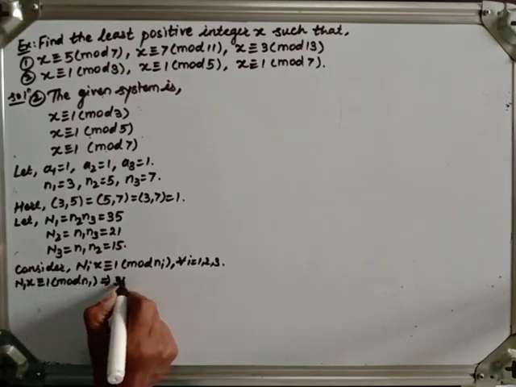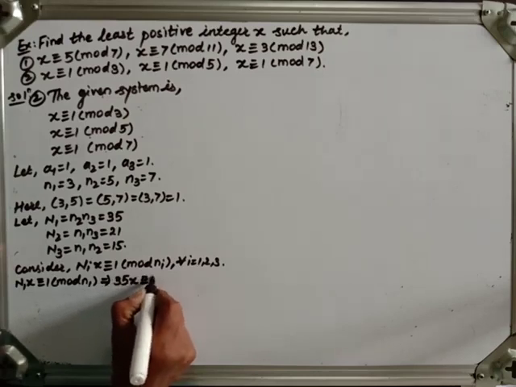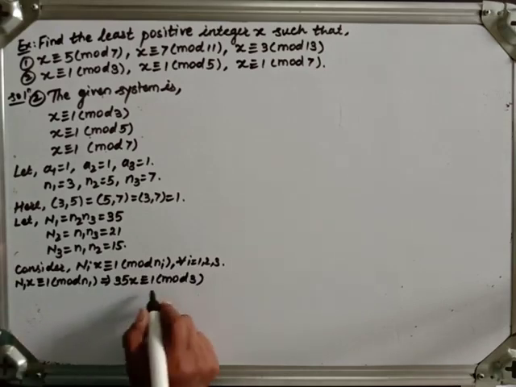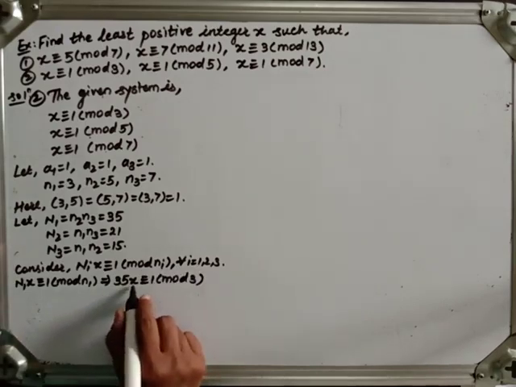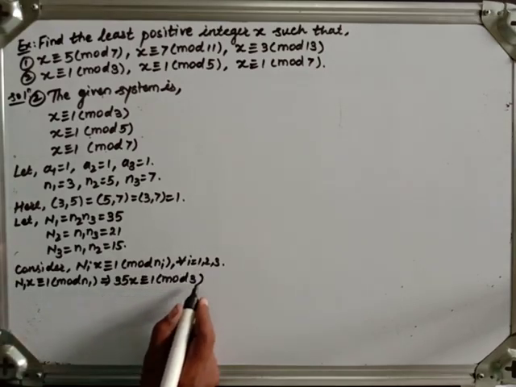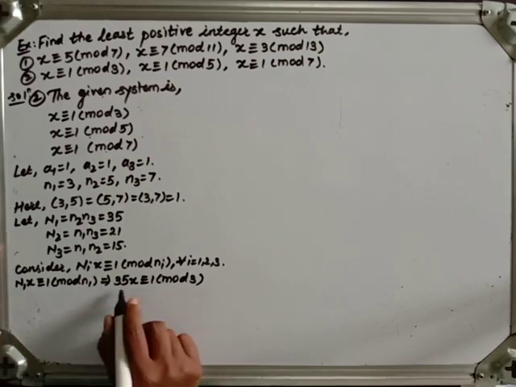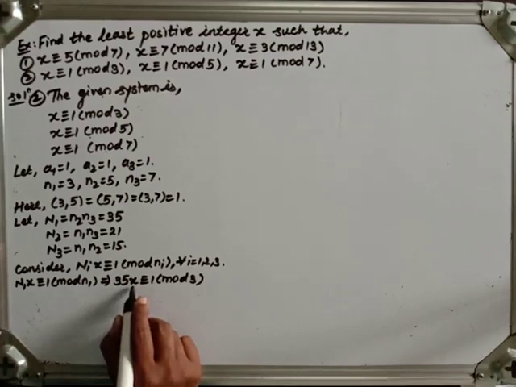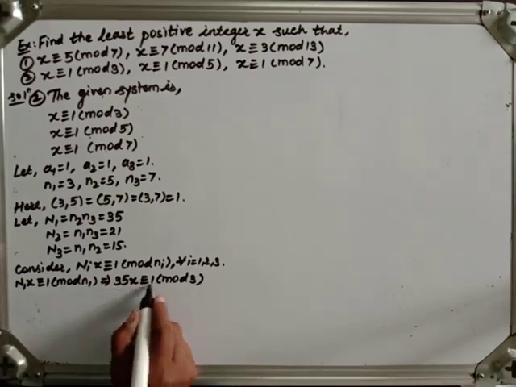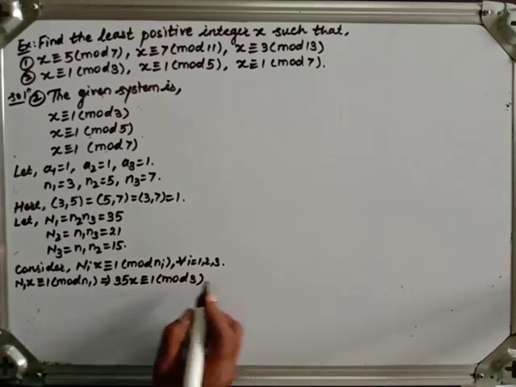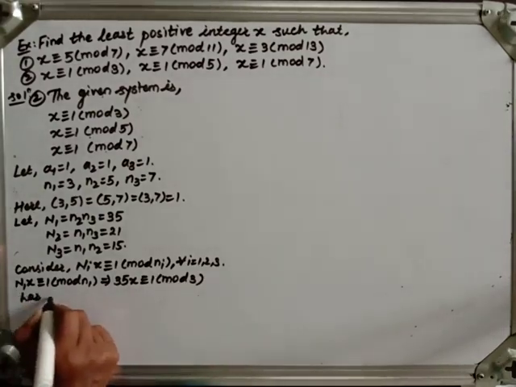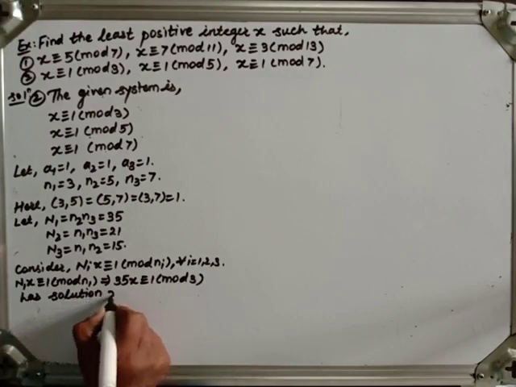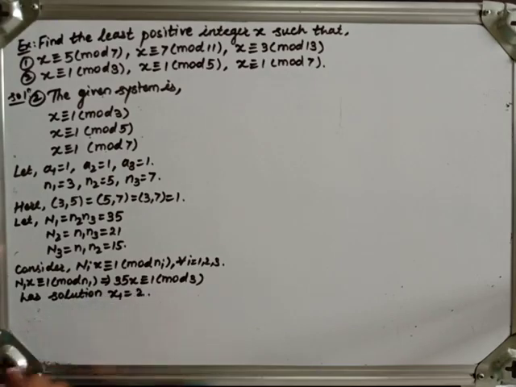gives 35x congruent to 1 modulo 3. If we put x equal to 1 here, 35 doesn't congruent to 1 modulo 3. 35 is congruent to 2 modulo 3. Fine. So if we put x equal to 2 here, it will become 70. 70 is congruent to 1 modulo 3. So the solution x1 equal to how much? 2.